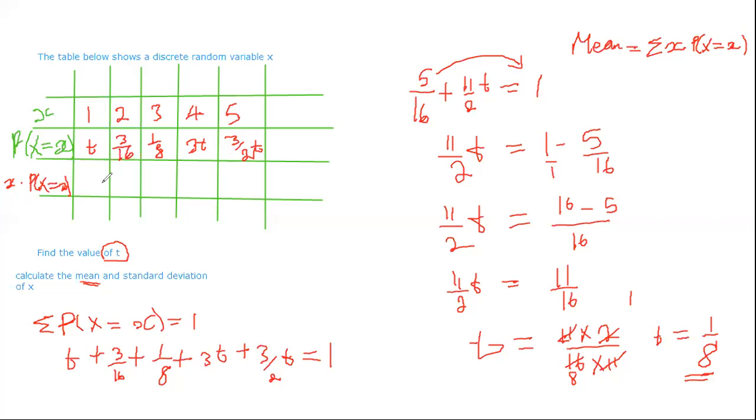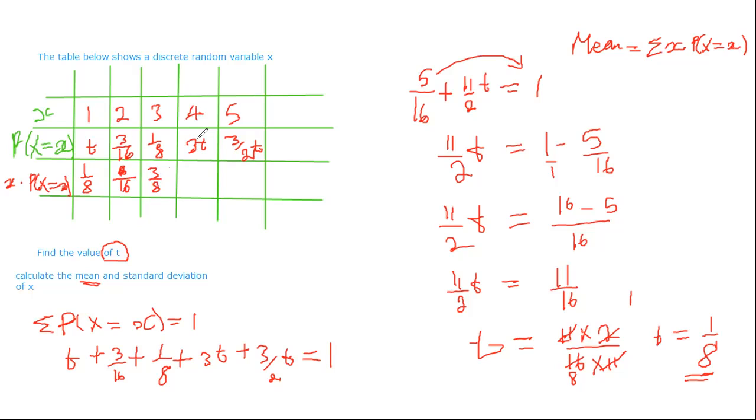So let us fill this table now. We get 1 times t, which still gives us t, but we have seen the t. If we wanted, we can substitute. So 1 times 1 over 8 will give us 1 over 8. Then 2 times 3 over 16 is 6 divided by 16. Then 3 times 1 over 8 gives us 3 over 8.